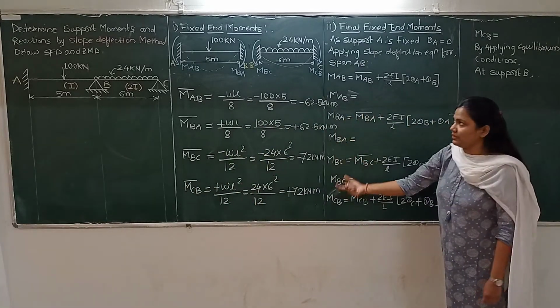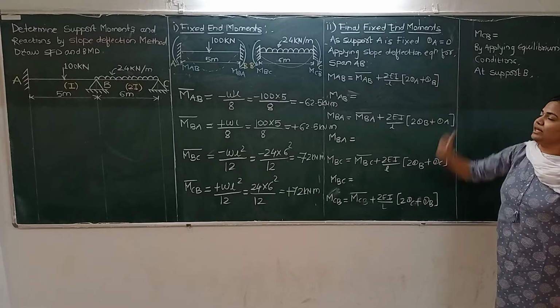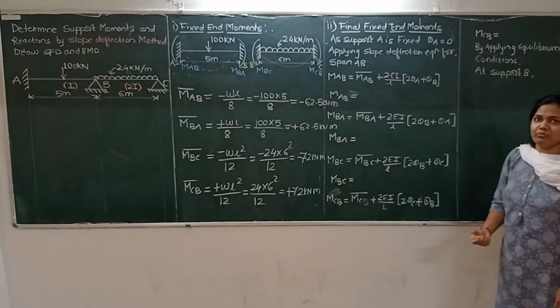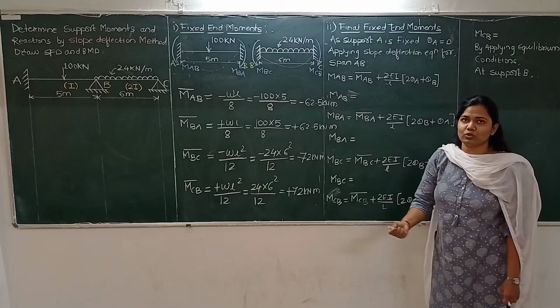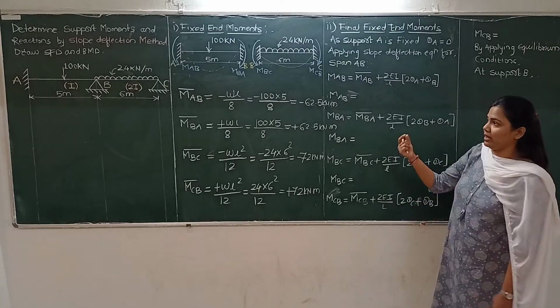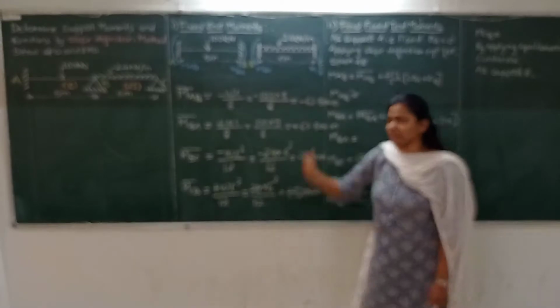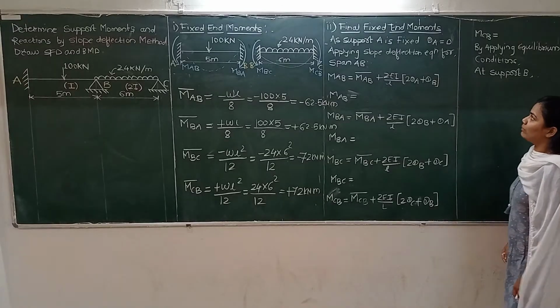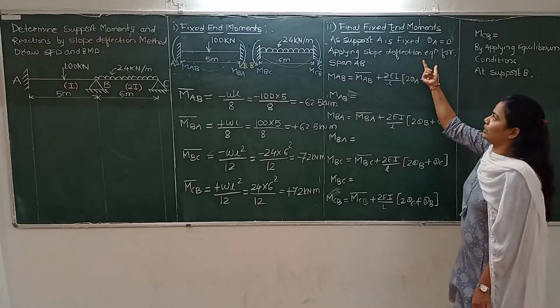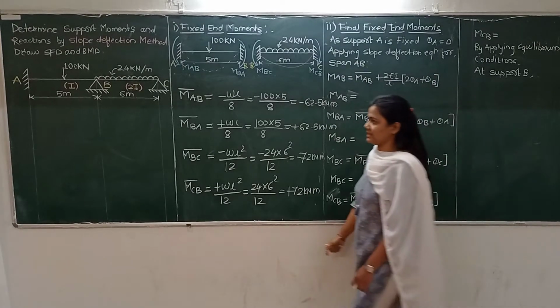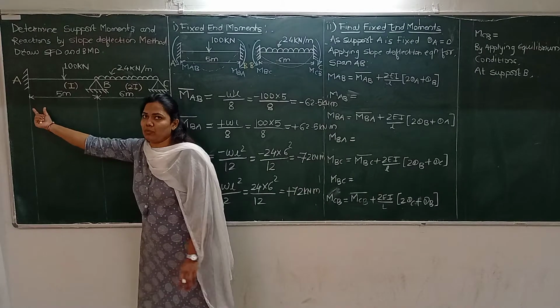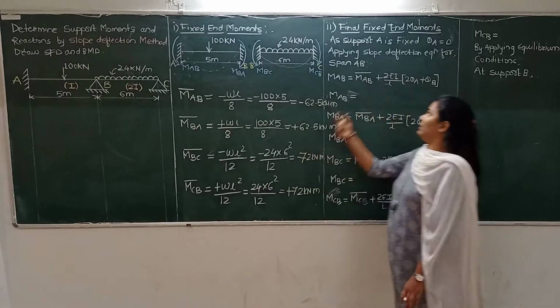Now, after finding out the fixed moments, we find out the final end moments by the slope deflection equation. There is a standard slope deflection equation, and we can apply it separately for the AB span and the BC span. But before going to the slope deflection equation, let us discuss the slopes at A, B and C. As the support A is a fixed support, the slope at A will be 0.